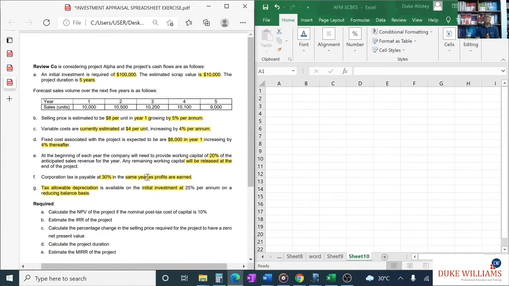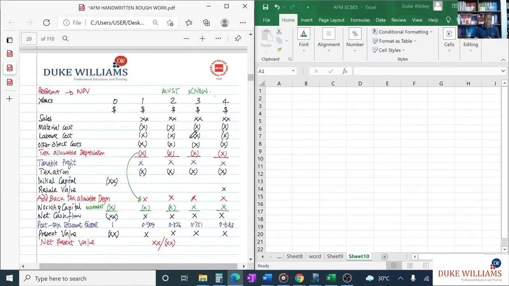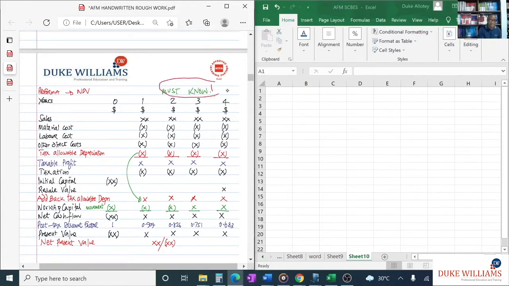Now, what you need to do here is to have an idea of which cash flow goes where, or to have a good understanding of the cash flow pattern in a typical NPV schedule. So if you look here, I've written "must know" in the sense that these are things you ought to be able to work your way around.